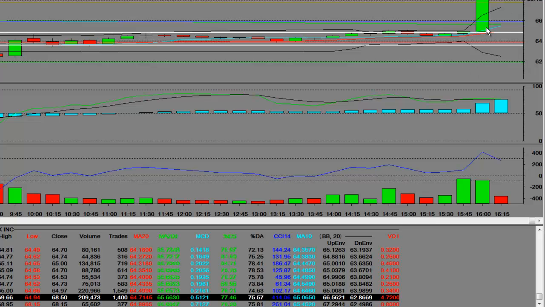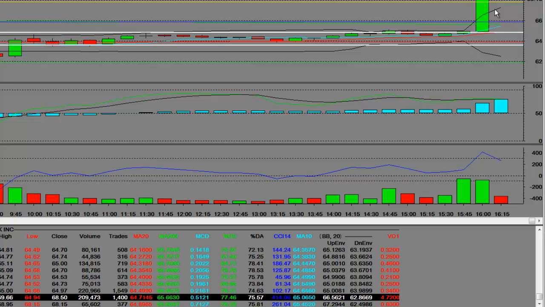This is a big bar, and it's right on the high of 69.66 on a daily earnings after hours price at total resistance.